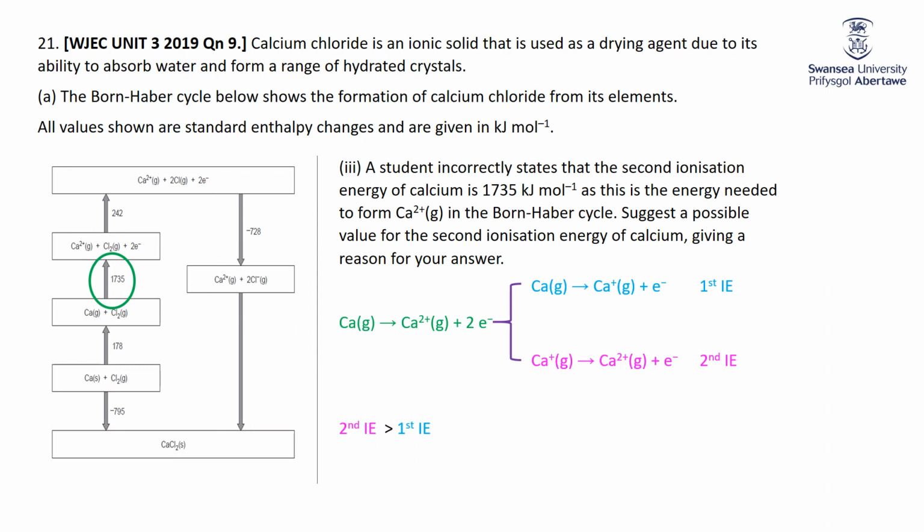Second ionization energy is always bigger than the first. So you can't just divide this by 2 and say, well, half of it's the first and half of it's the second. Therefore, the second ionization energy has got to be bigger than this over 2. And now you can just throw some numbers around: between some 900, that's what that is, about 860. So between about 900 and 1500, because you have to have a little bit of energy for the first ionization energy.